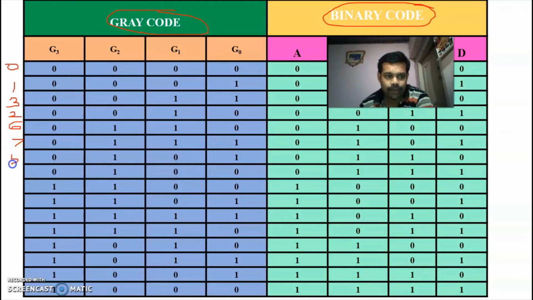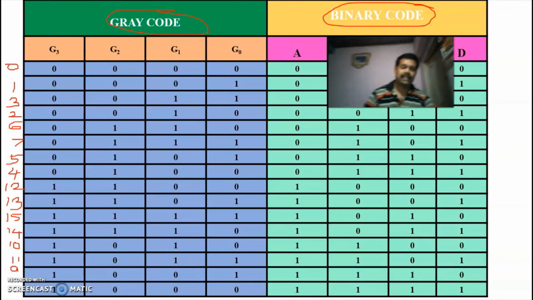Next one 5, then 4, then 12, then 13, then 15, then 14, then 10, then 11, then 9, and the last one is 8. So these are the decimal values.